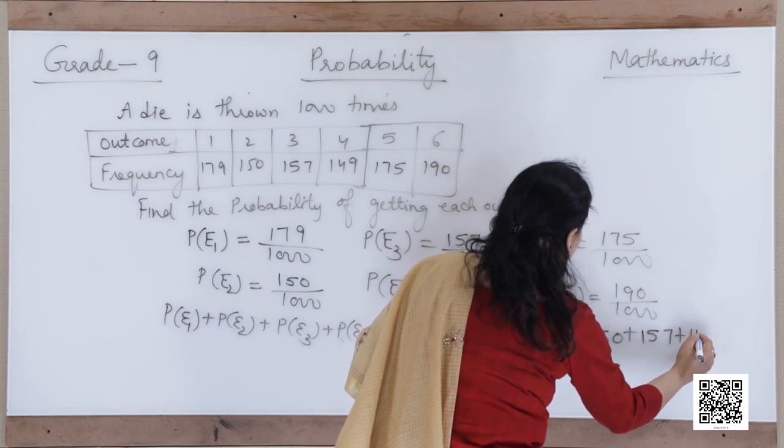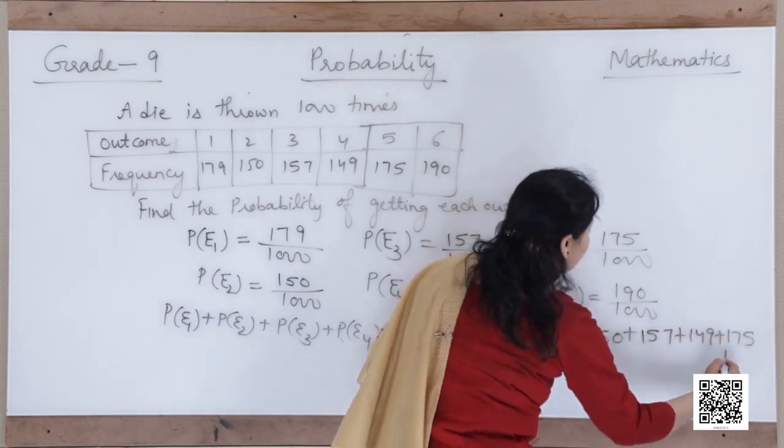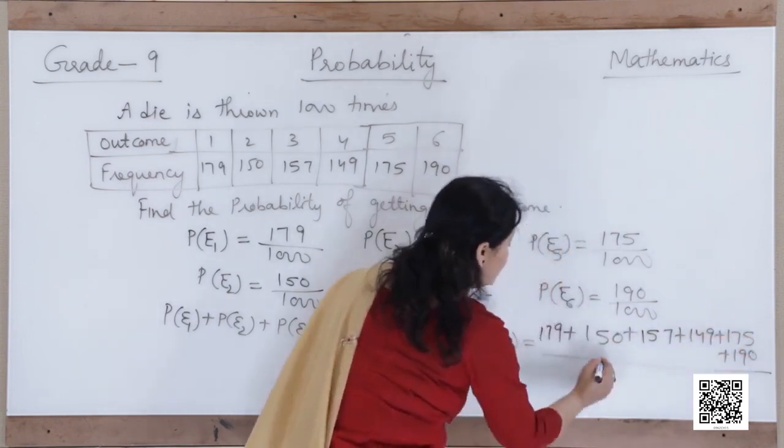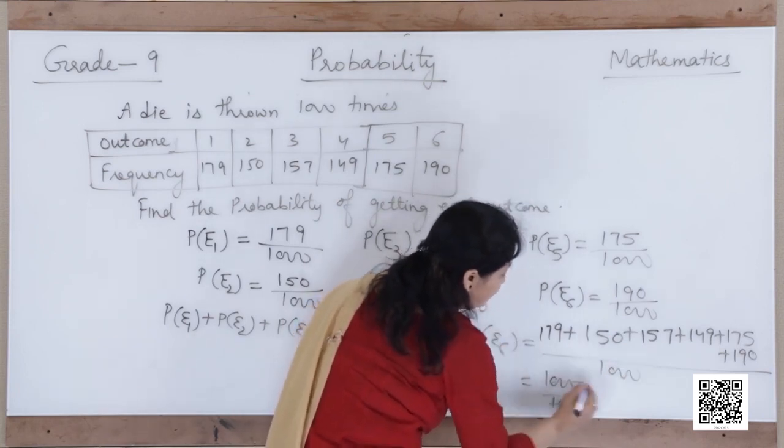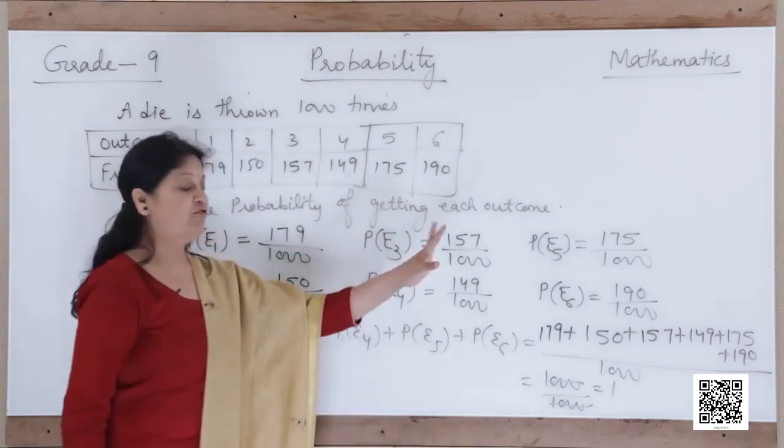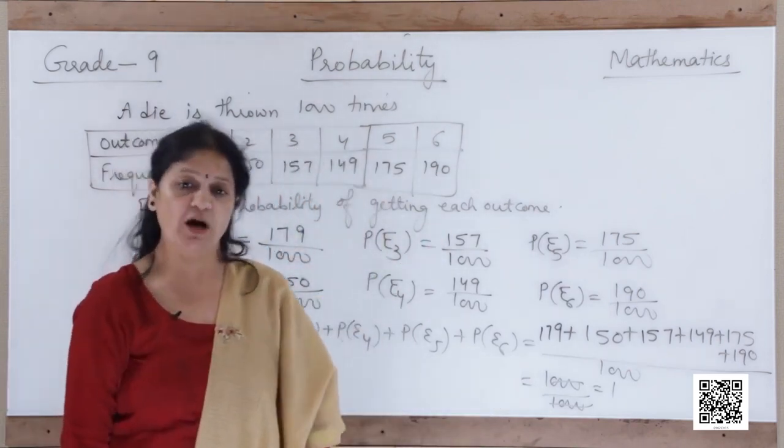Now add all these numbers. What will you be getting? You will be getting it equal to 1000. So 1000 by 1000, we have got sum of all the probabilities is 1.